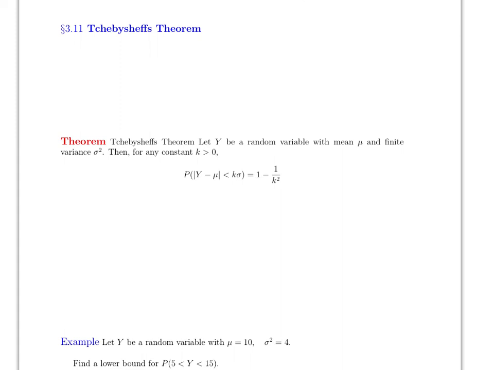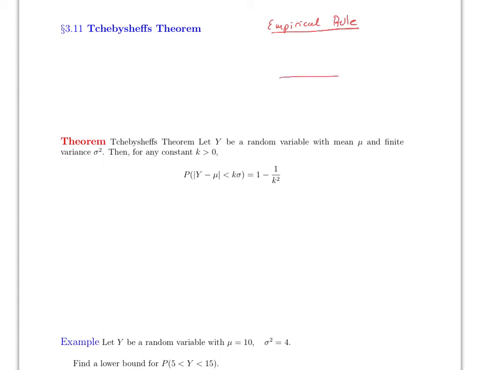Now section 3.11 is called Chebyshev's theorem, and if you have taken any previous statistics classes, like the undergrad, you see this theorem there, and also something called the empirical rule. The empirical rule is something that we're going to do in a lot of detail in this class, once we get to the continuous distributions.